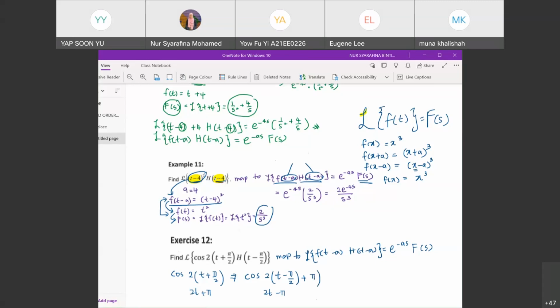Or plus with 2 pi. If you expand this, 2t minus pi, plus 2 pi, so you will have 2t plus pi. So same, right? Okay, clear now?